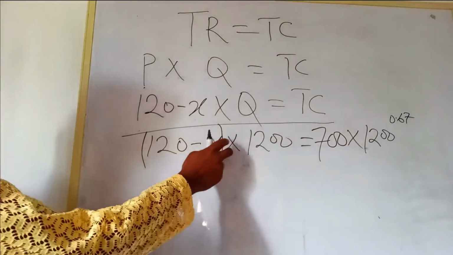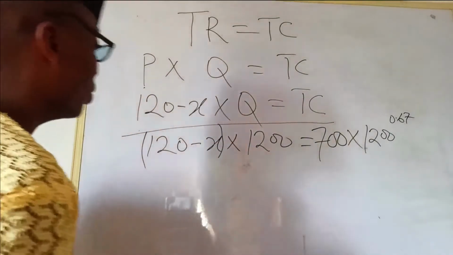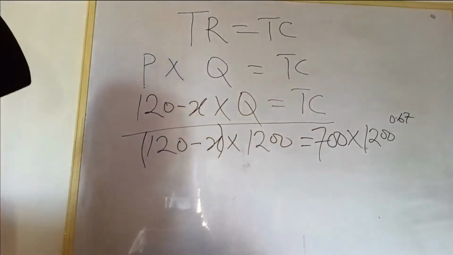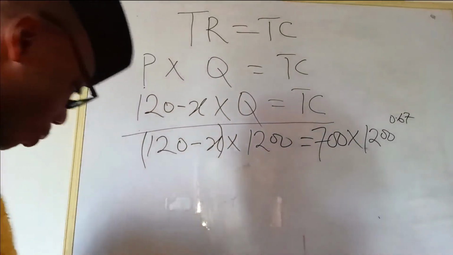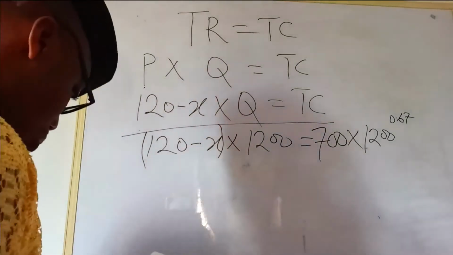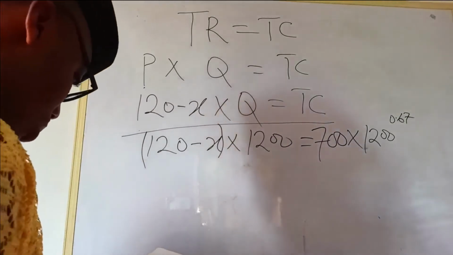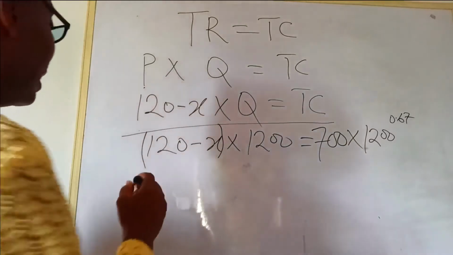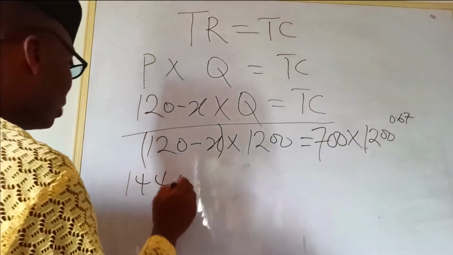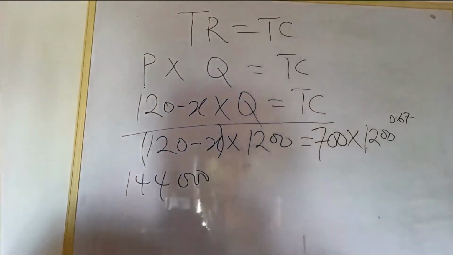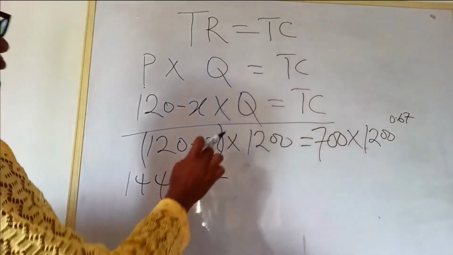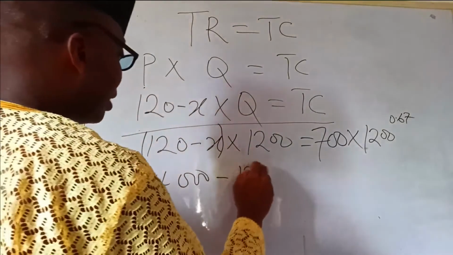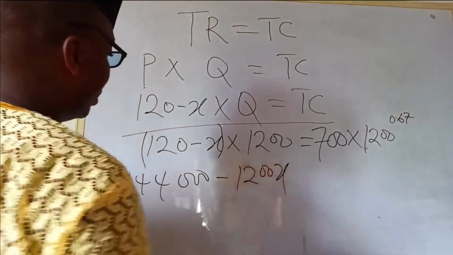This is not necessary anyway, but let's go. 120 times 1,200 will give you 144,000, minus x times 1,200, which gives you 1,200x.